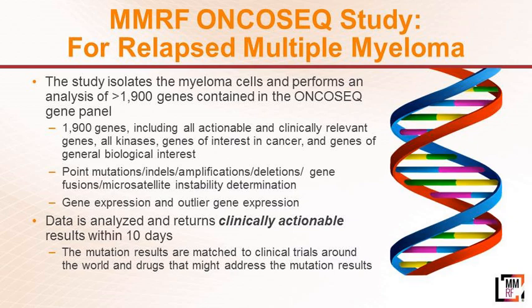Just like I mentioned earlier that the FISH study looks at about 14 different mutations, the OncoSeq looks at almost 2,000 different mutations in myeloma, including all actionable clinical ones, because over the decades we've learned more and more about the mutations that cause cancer. It looks for all that, including genes of biological interest, the kinases, and gene expression. It looks for point mutations, and I can go on and on about all the little detailed things that make up an individual's myeloma.